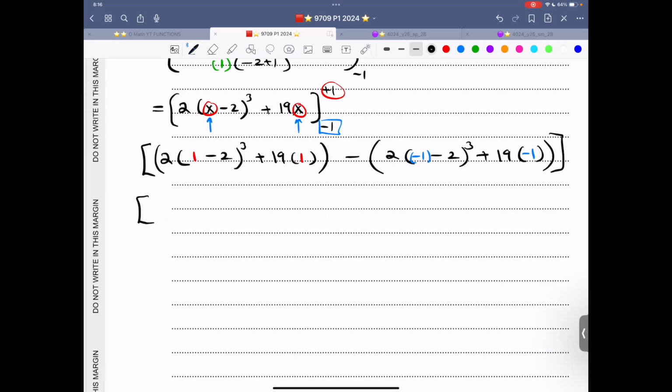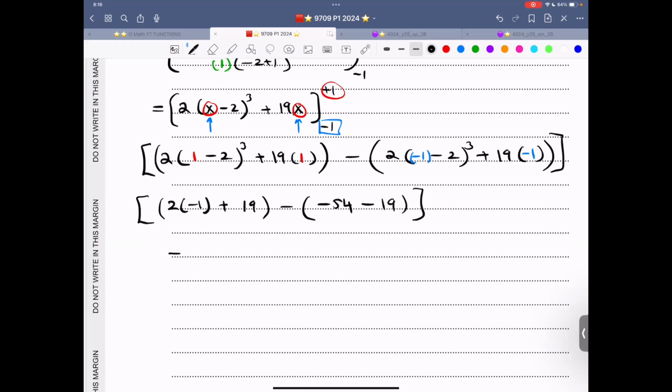So big bracket, 1 minus 2 is minus 1, minus 1 cube is minus 1, that's 2 into minus 1. And this is 19. Let me write it properly. Minus, minus 1 minus 2 is minus 3, minus 3 cube is minus 27, into 2, minus 54. And 19 into minus 1 is minus 19.